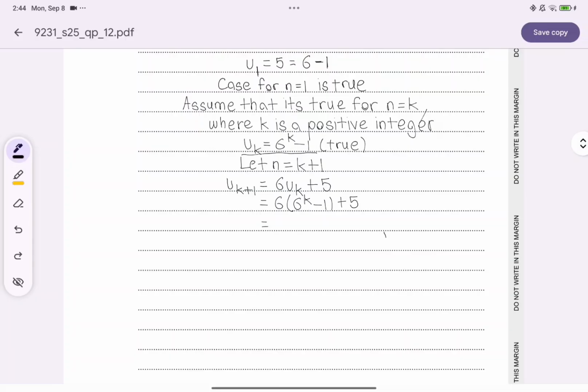So let's simplify everything. 6 times 6^k is just 6^(k+1), using our law of indices, and 6 times negative 1 is minus 6, plus 5. So simplifying, we get 6^(k+1) minus 6 plus 5, that's minus 1.